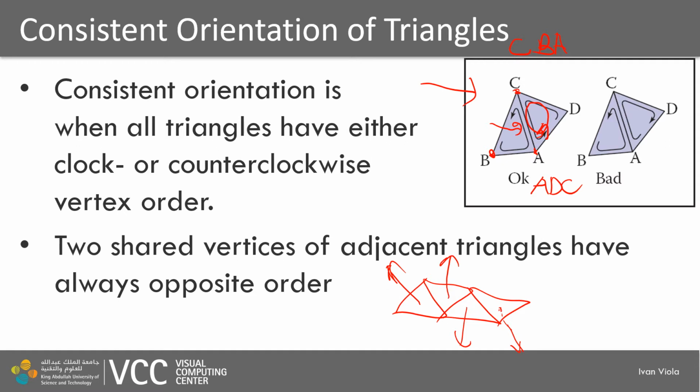As a consequence, on the edge which they are sharing, one triangle has its direction one way, and the other triangle has the orientation the other way, to satisfy the condition that both are defined as an order of counterclockwise ordered vertices.